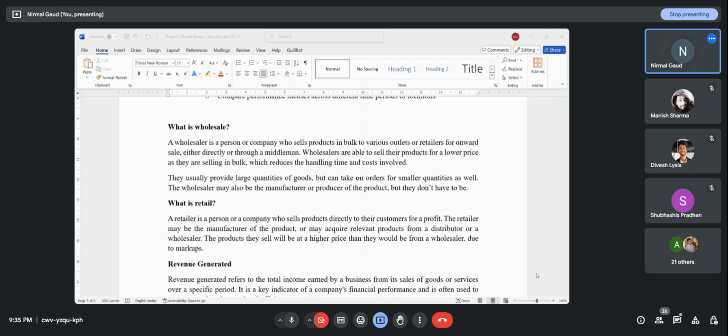So, in our data set, we have terms like wholesale, retail, and revenue generated, and as I told you, they are related to revenue.